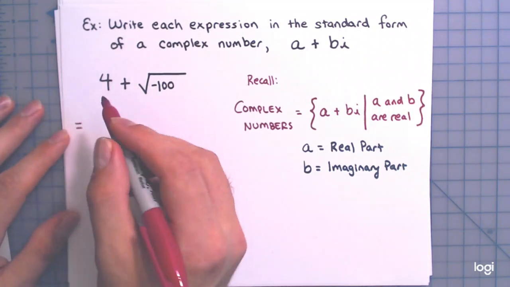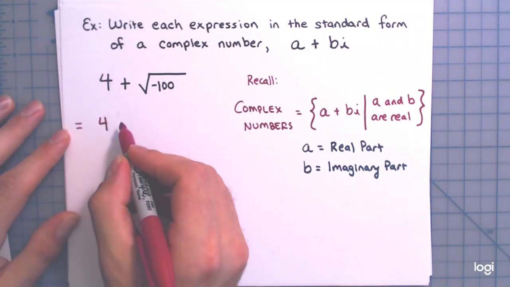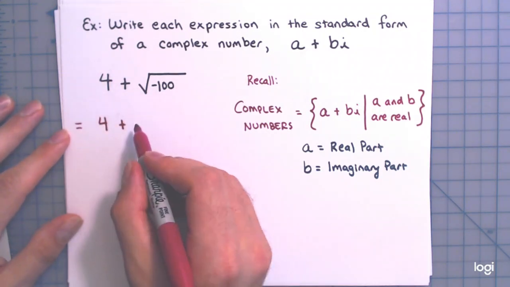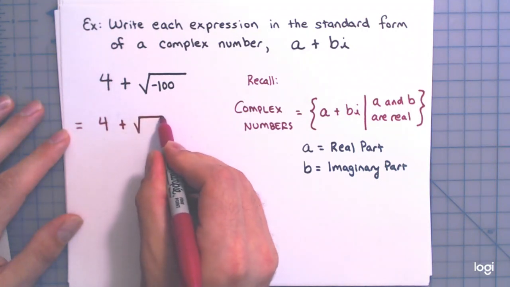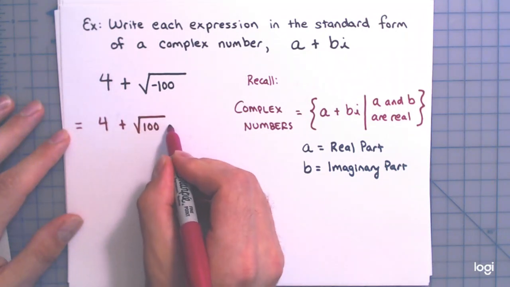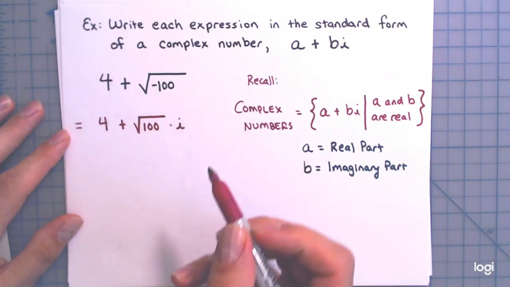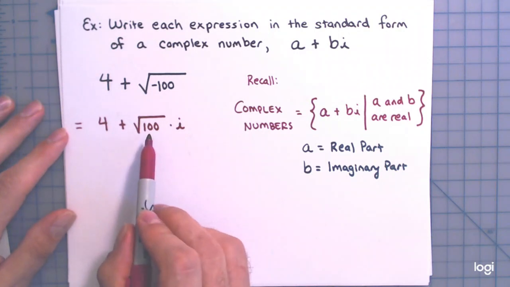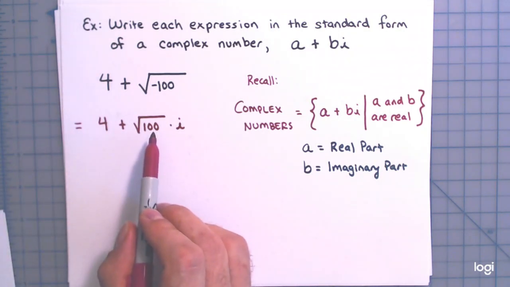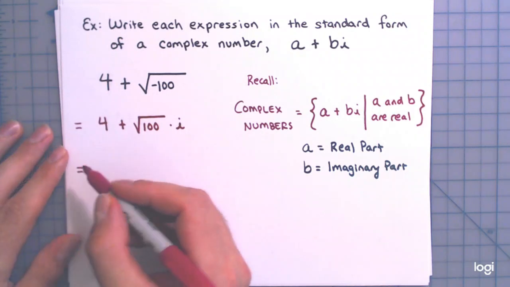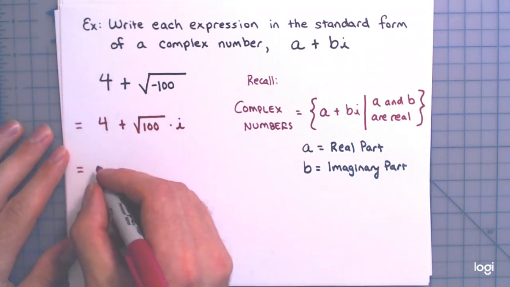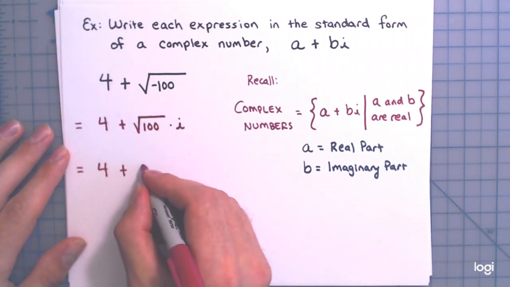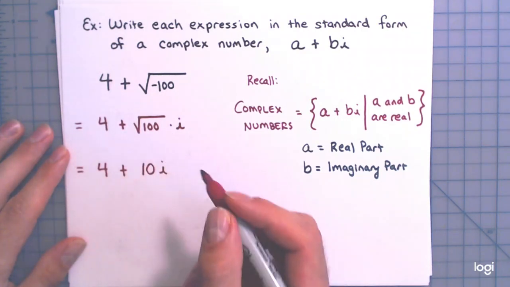So this is equal to 4 plus, and then this square root of negative 100 I can rewrite as the square root of positive 100 times the imaginary unit i, that square root of negative 1. And then simplifying radicals here, the principal square root of 100 is 10. So this is 4 plus 10 times i, or just 10i.